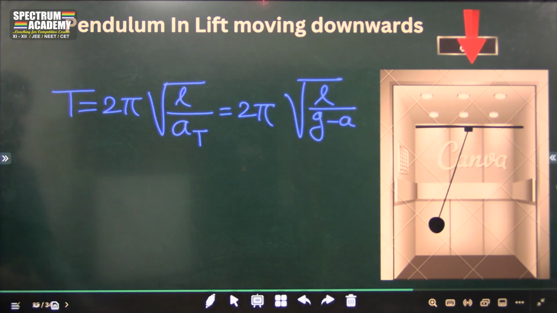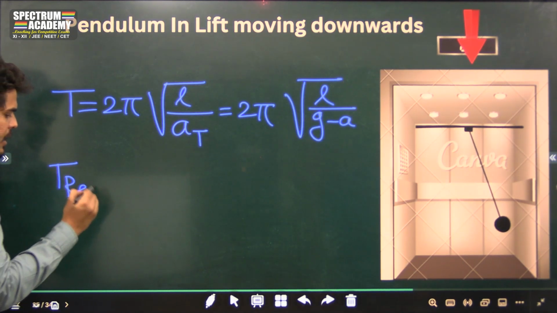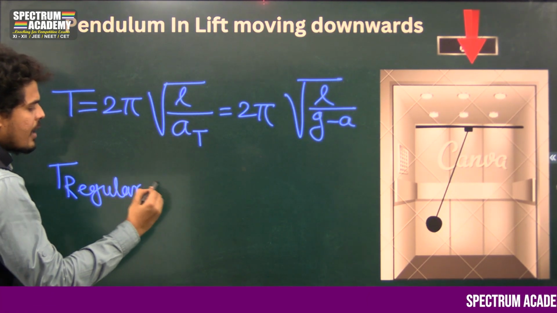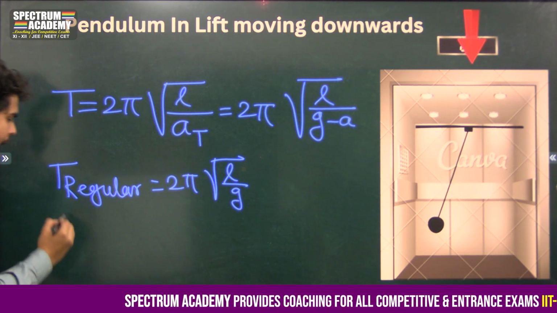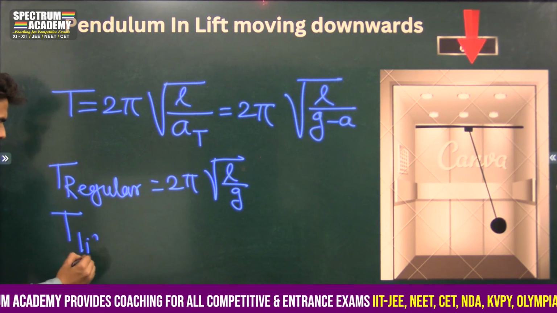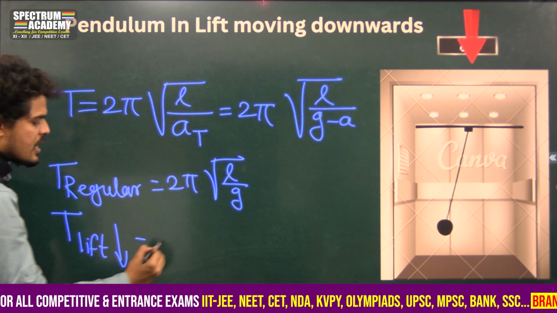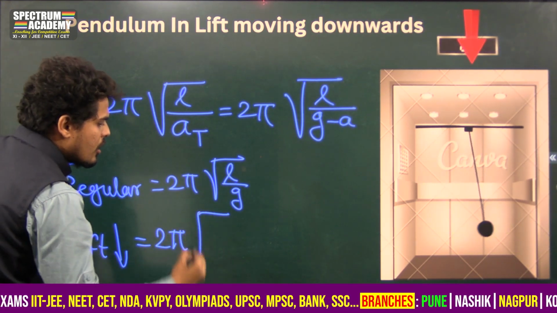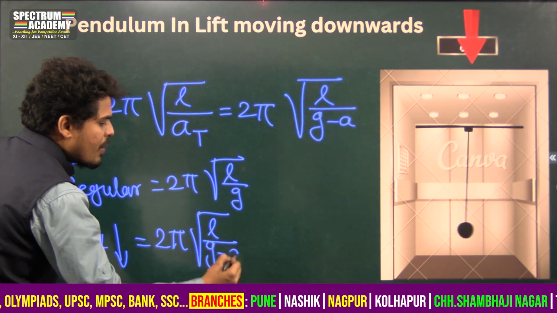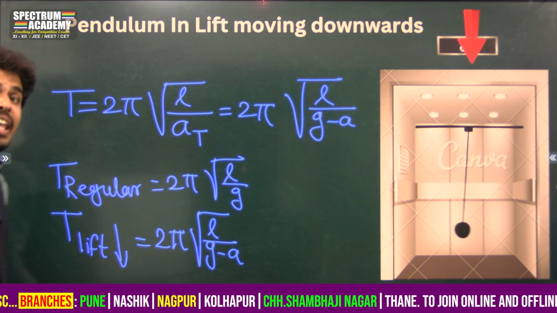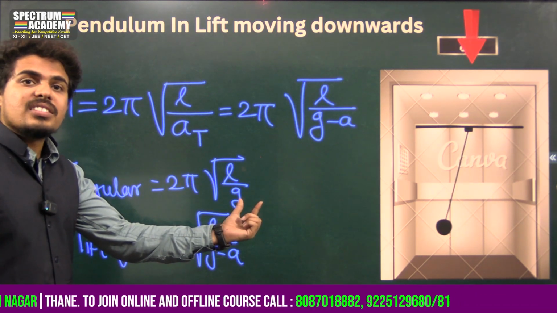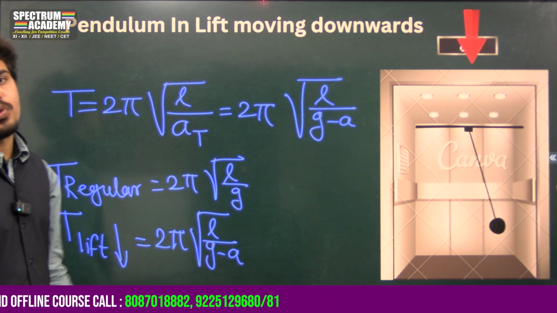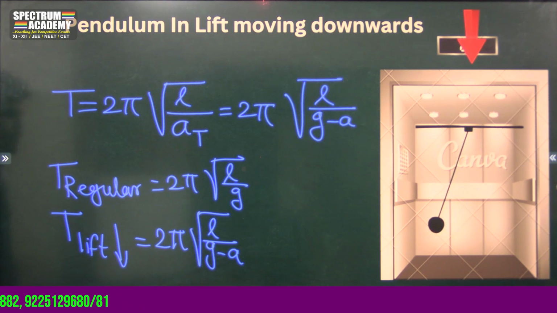So the regular period T regular is given as, we know that, 2 pi under root of L upon g, and the T in the lift moving downwards is given by 2 pi under root of L upon g minus a. We can see here that T and acceleration are inversely proportional.